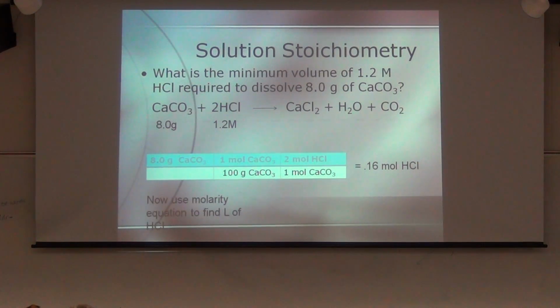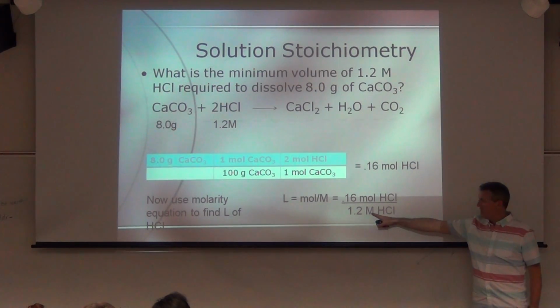Then we're going to use our molarity equation to figure out what volume we need. Because again, we have the molarity, we now have the moles. Molarity is moles over liters, so liters are going to be moles over molarity. We got 0.16 moles, 1.2 molar.